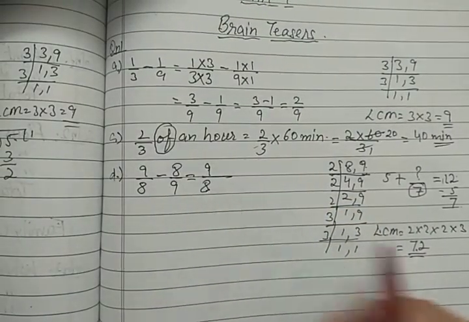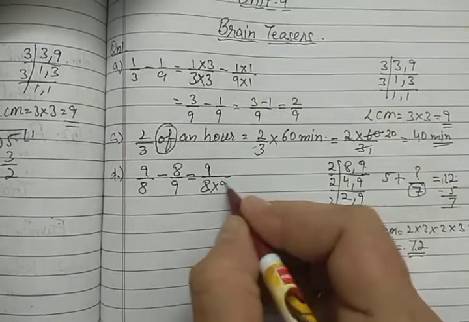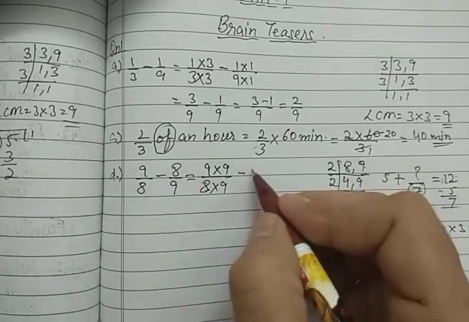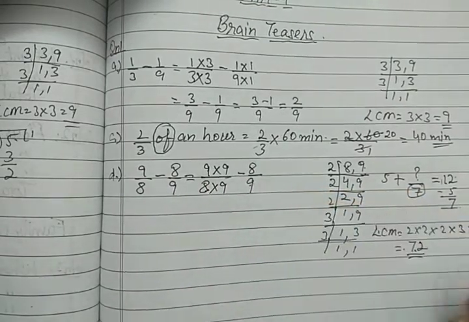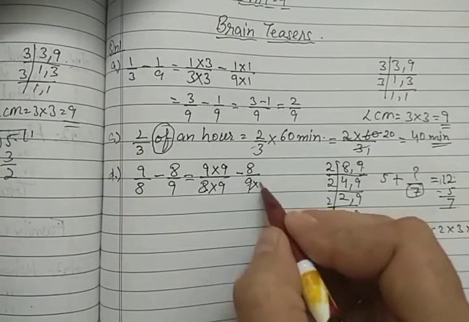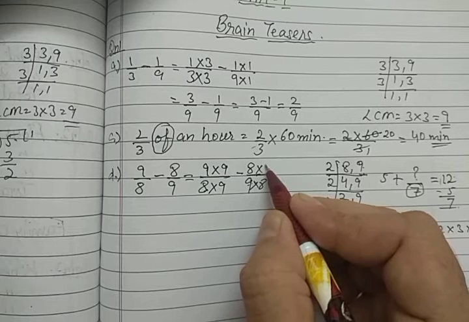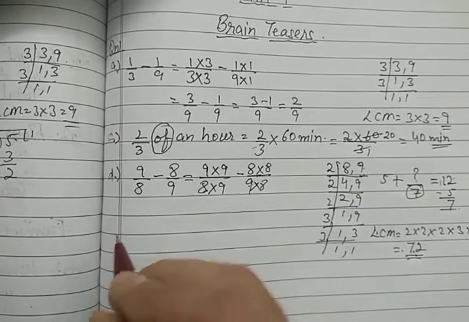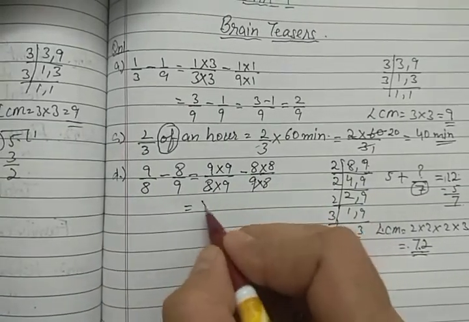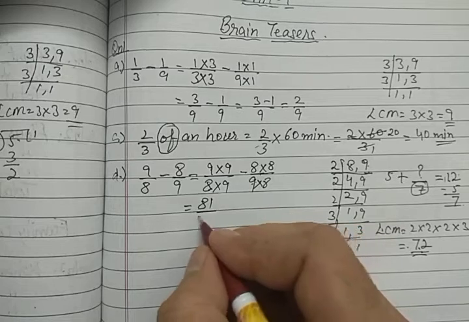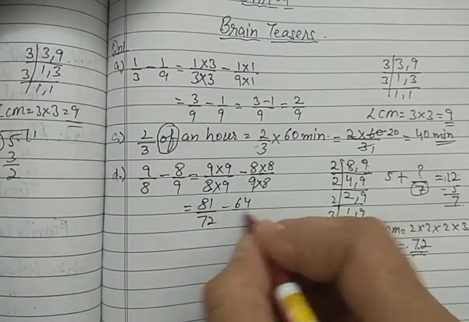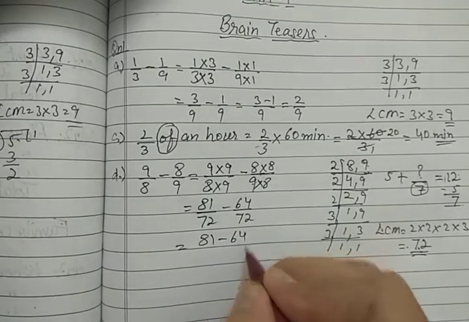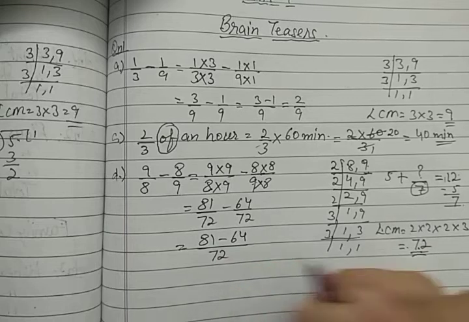So in the table of 8, where was the LCM 72? 8 9s are 72. So we will multiply it by 9. In between, minus. Then the second fraction 8 upon 9. We will recite the table of 9 till 72. 9 8s are 72. So multiply by 8. The number by which we multiply the denominator, we multiply the numerator by the same number. So 9 9s are 81 upon 72 minus 8 8s are 64 upon 72. Now subtract it. 81 minus 64 upon 72.